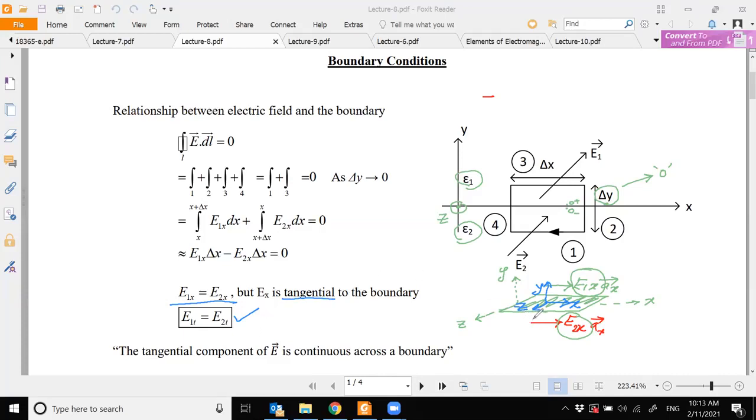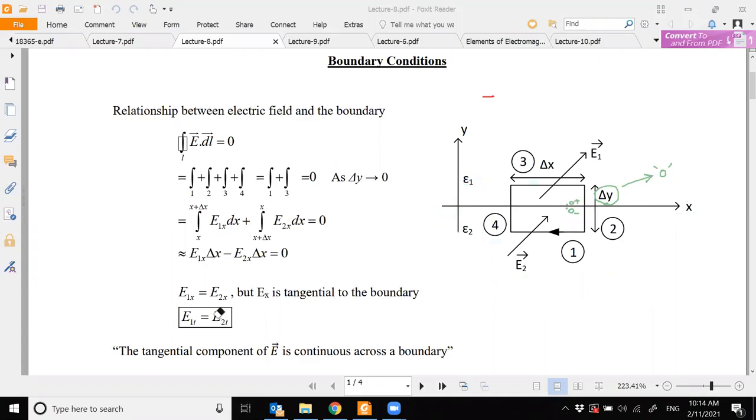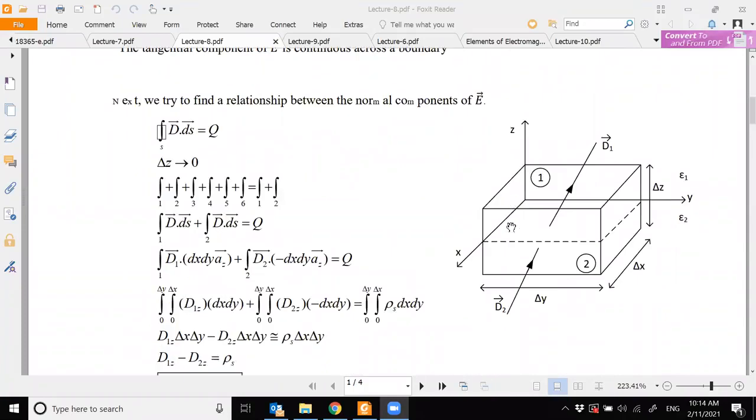Whatever value they have in this region, they will have the same value in this region. So this is the first boundary condition: the tangential components of the electric field are continuous across the boundary. When we say continuous, we mean that they will not change any value.